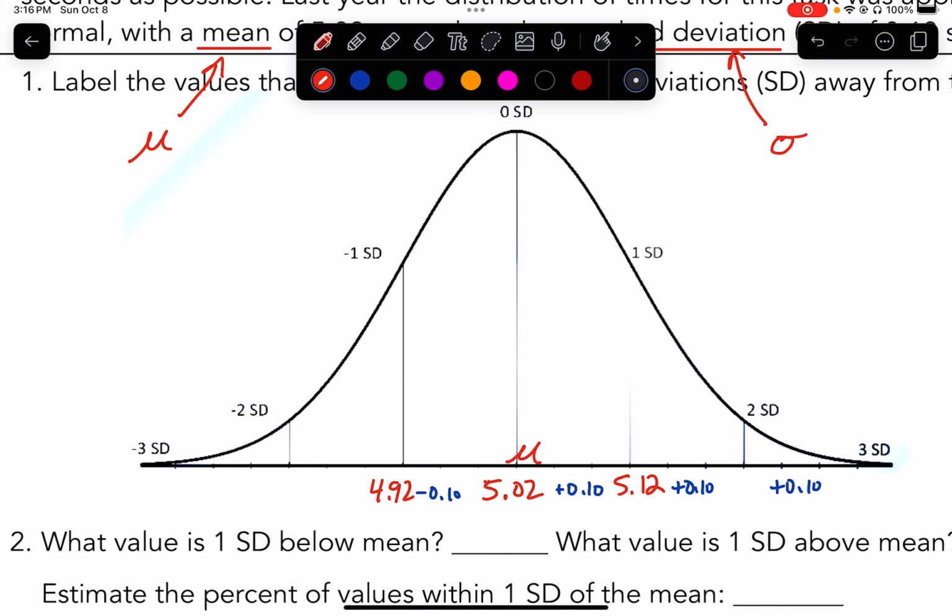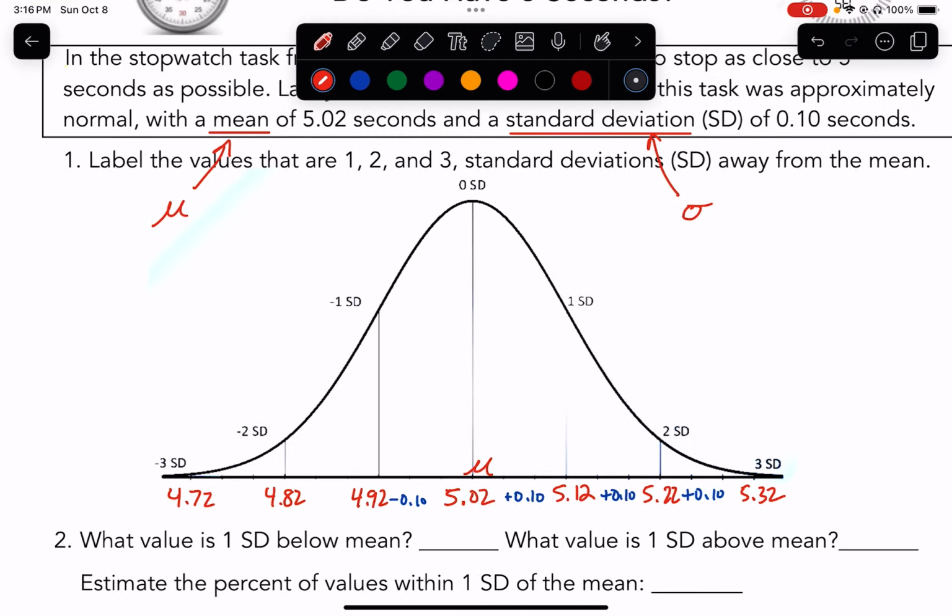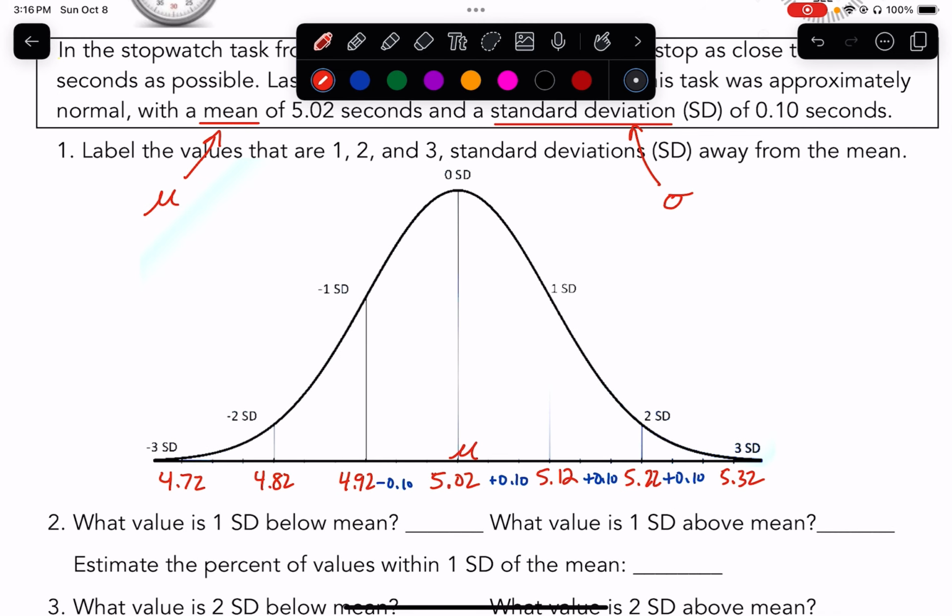Our 2 standard deviations would be at 5.22, and 3 would be at 5.32. Similarly, on the left-hand side, we'd have 4.82 because we're subtracting, and then 4.72. Okay, so that's what it means when it says 1, 2, and 3 standard deviations away from the mean.